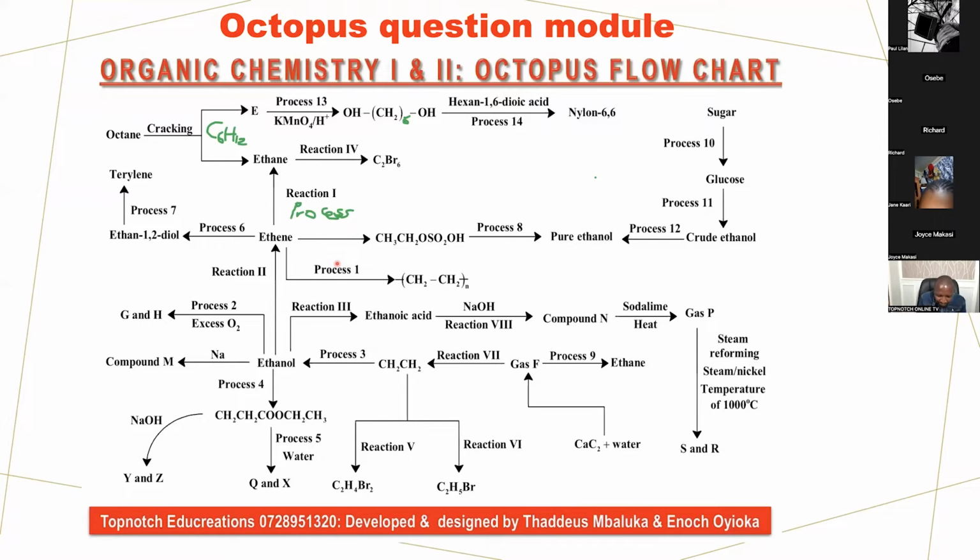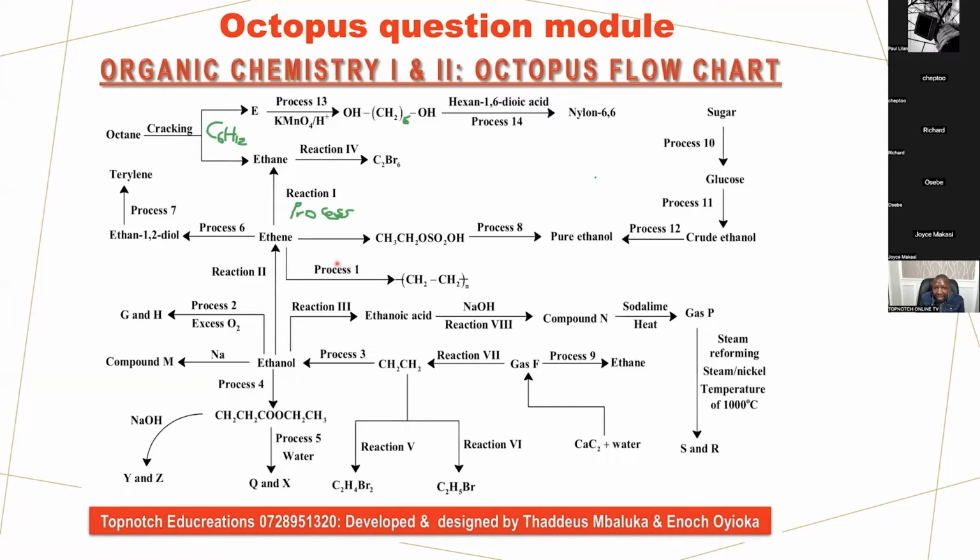The other one is the Ziegler-Natta catalyst. Ziegler is written Z-I-E-G-L-E-R, with a hyphen. Natta is N-A double T-A.